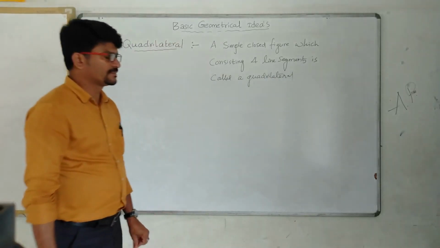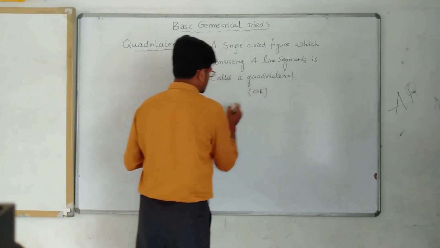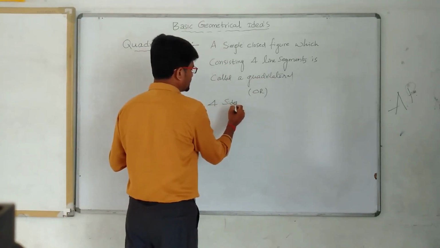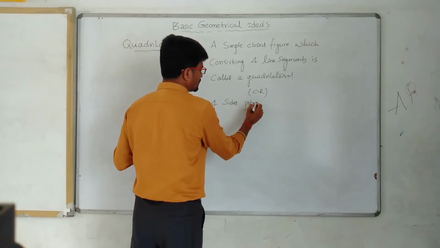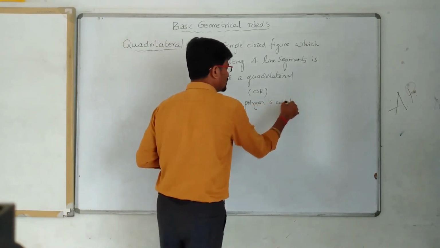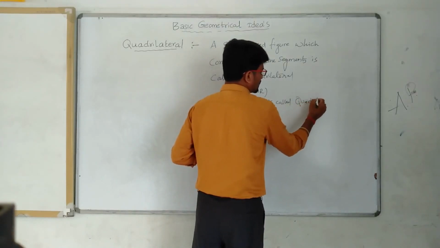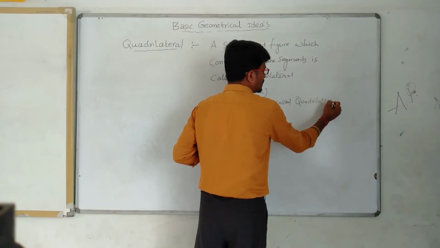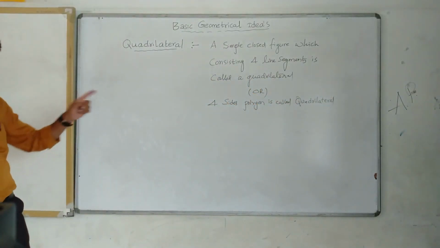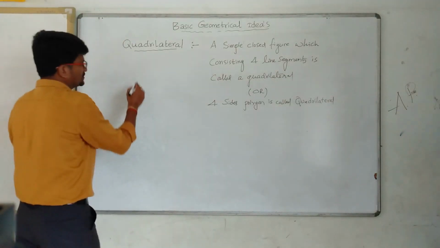Okay, children? Or you can give a simple definition: a four-sided polygon is called a quadrilateral. Okay. See, look here.